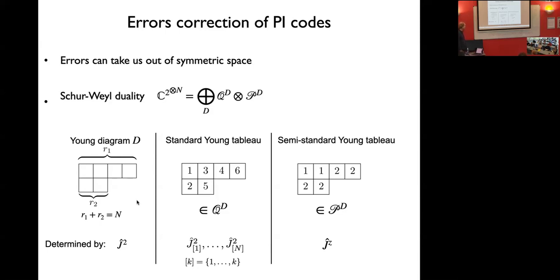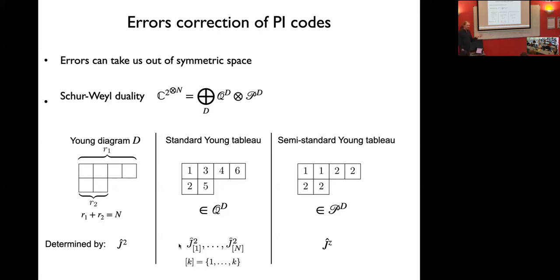And then within the Young diagram space, there's a standard Young tableau, which is an ordering of numbers inside these boxes, so that they are non-decreasing as you go right and go down. And the numbers you put into those boxes, which specifies the Young tableau, is actually given by the eigenvalues of J squared for different subsets of qubits.